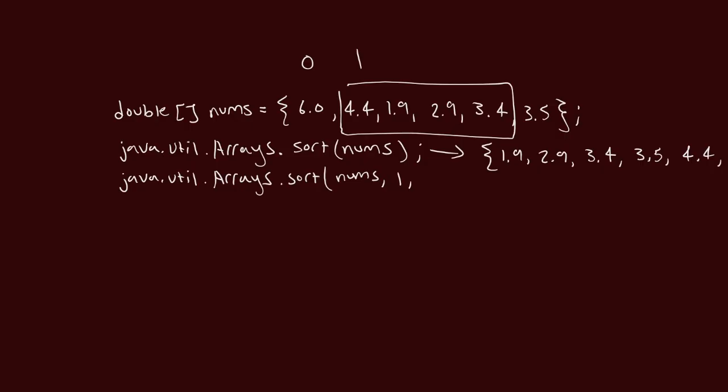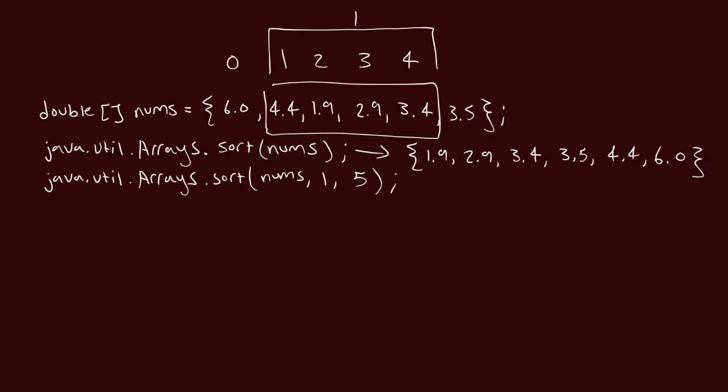So we start at 1, and then you put in the index you want to end at. So it's 0, 1, 2, 3, 4, but we have to put in 5 because this is exclusive. So it's going to be 5 minus 1, so 4. This is going to pretty much only sort this part.